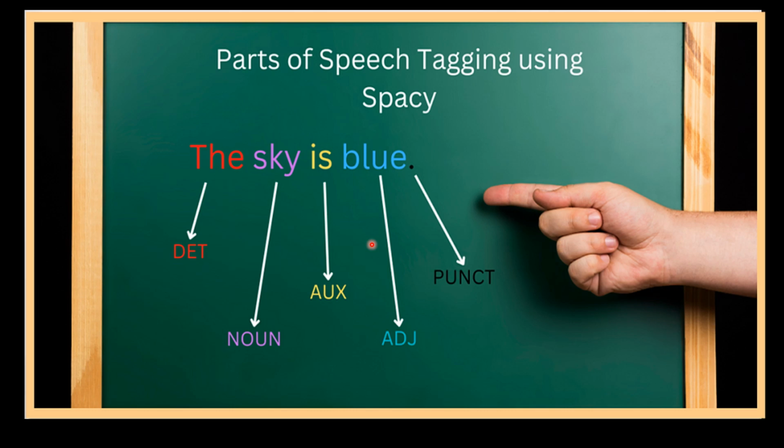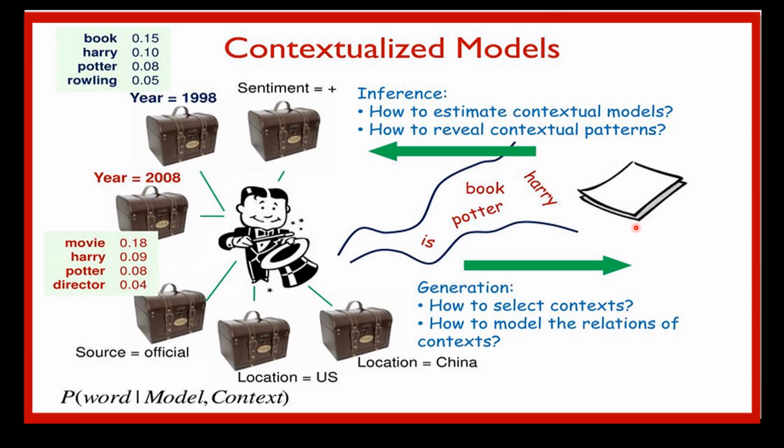Financial services firms implement POS tagging algorithms to analyze investment reports or news articles, extracting key phrases, entities, and concepts while filtering out irrelevant or redundant material. So overall, POS tagging has become an indispensable component of advanced NLP pipelines, contributing significantly to the growing list of cutting-edge applications driving innovation across industries worldwide.